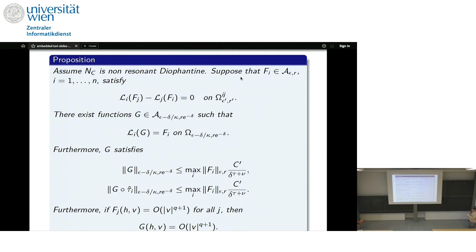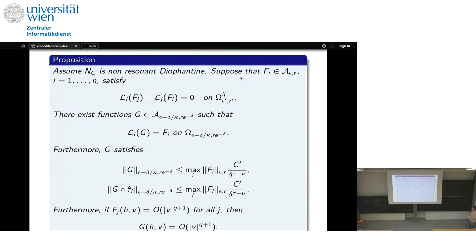If you're given F_i as a good holomorphic function somewhere, and that satisfies this kind of compatibility condition with the operator that was written before, then you can effectively find a G, a solution that solves simultaneously all those equations. So you are given right-hand sides F_i that satisfy this compatibility condition on the intersection domain. Then you can find a genuine solution to the problem, but defined on a smaller domain.